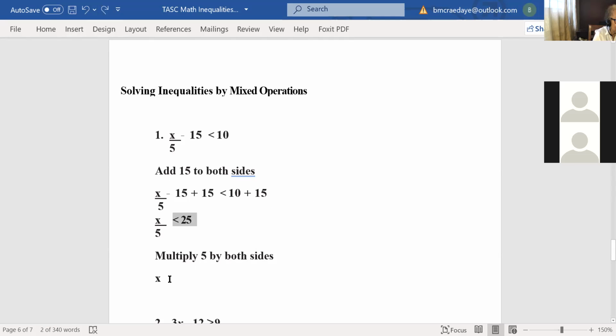Okay, so I have just X here. Let me just copy this. So that would just be X, times 5.